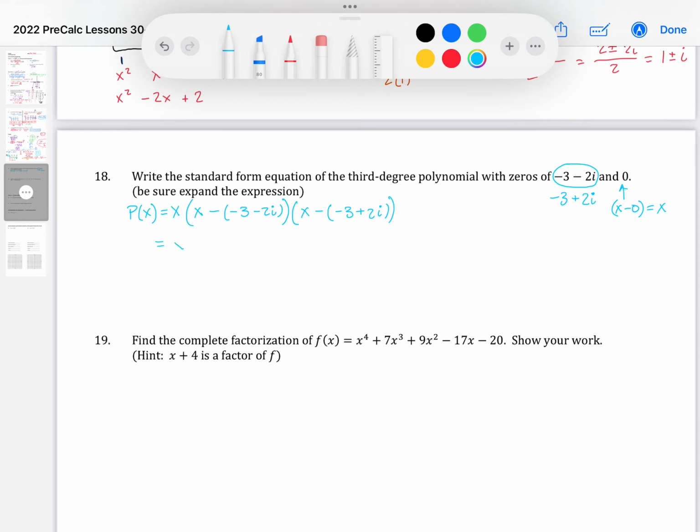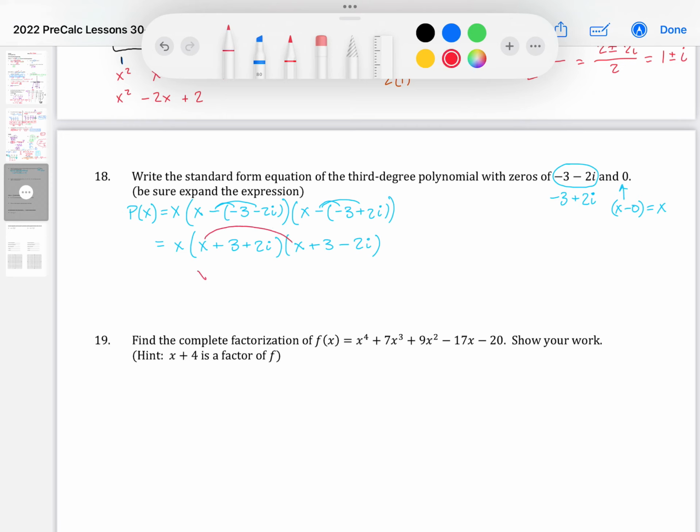So this is going to equal x times x. If I distribute that negative, I get x plus 3 plus 2i, and then again here, I get x plus 3 minus 2i. You'll always want to FOIL the part with i's first.